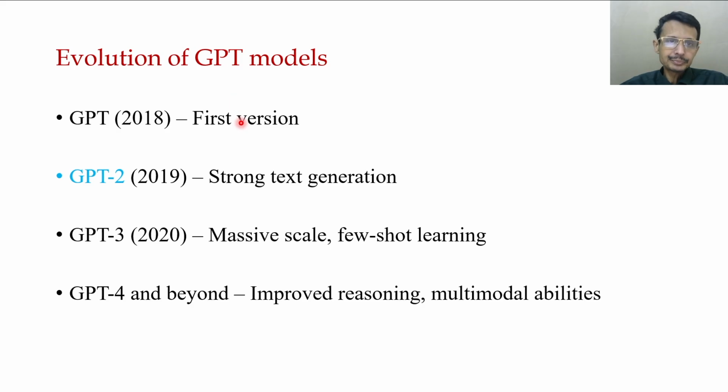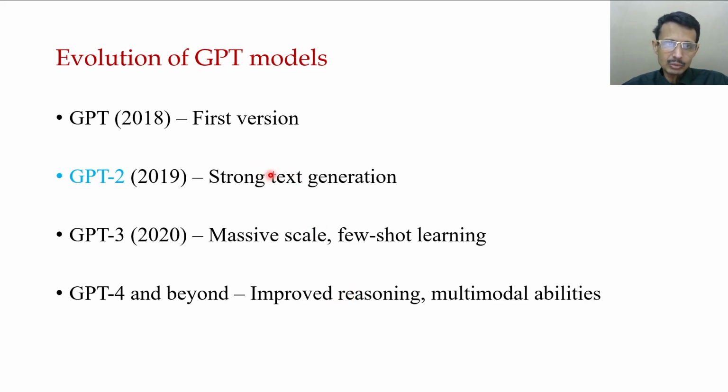Now we have to look at the evolution of GPT models. In 2018 it was first introduced. Then GPT-2 came in 2019, known for strong text generation. Then GPT-3 in 2020, GPT-4 and beyond, with improved reasoning and multimodal abilities.